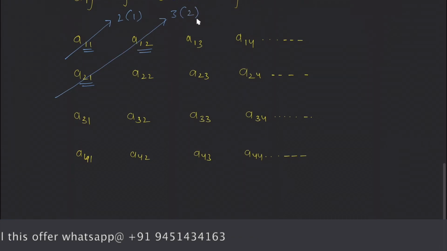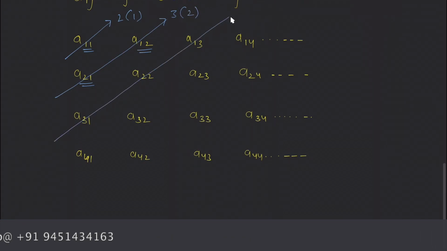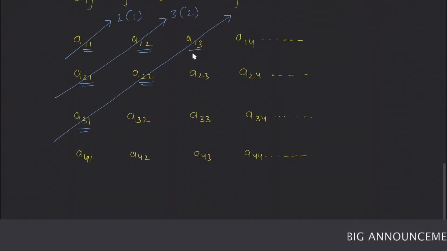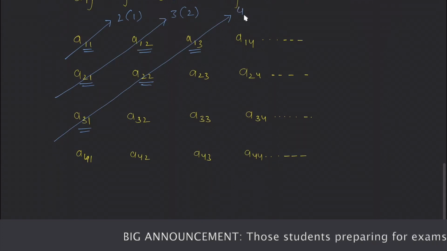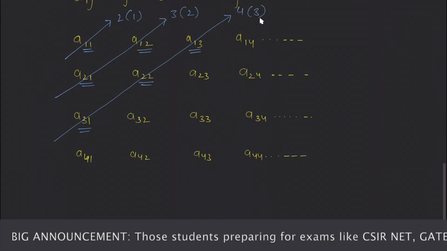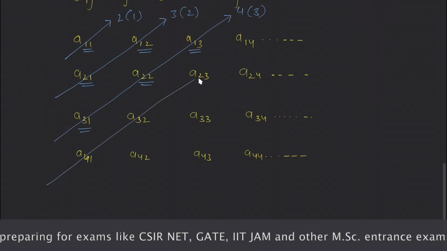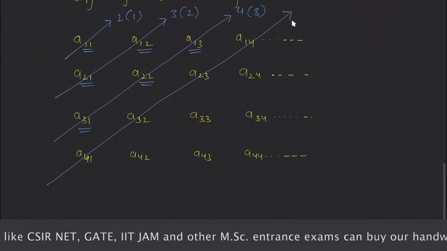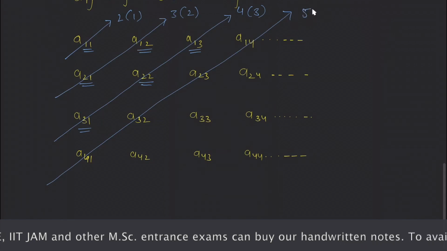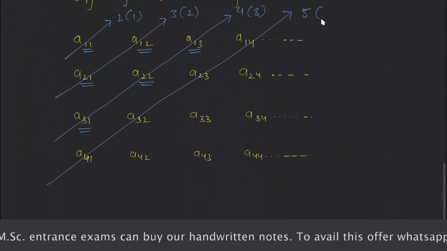And here for these elements the sum of suffix is 4. You can see that 3 plus 1 is 4, 2 plus 2 is 4 and 1 plus 3 is 4. So the sum of suffix is 4 here, and there are 3 elements with sum 4. Similarly for these elements the sum is 5 and the number of elements with sum 5 is 4.